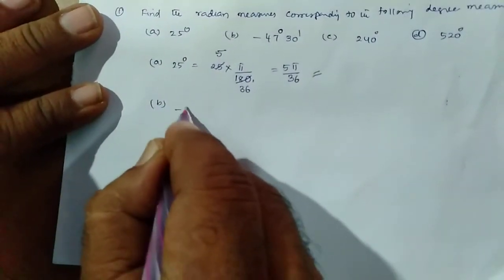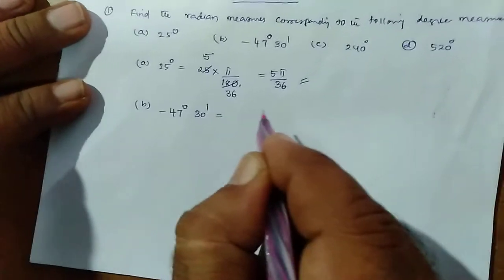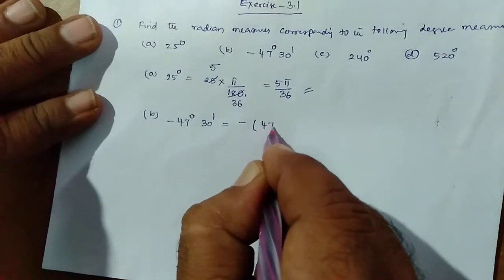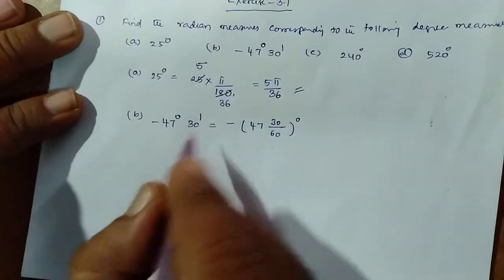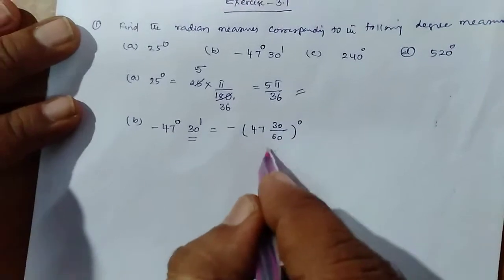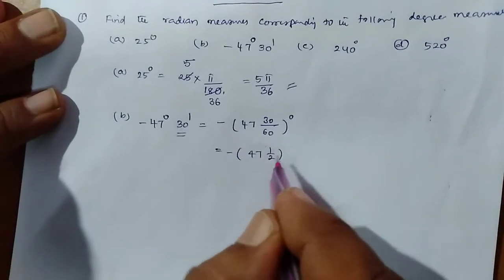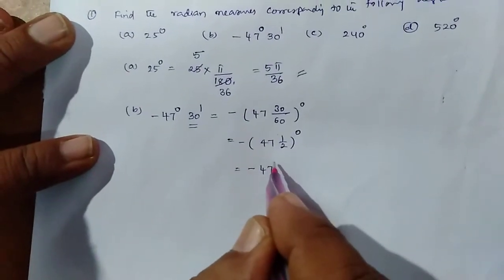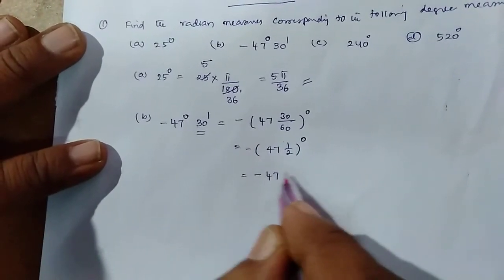Like the second one, minus 47 degrees 30 minutes. So this I can write as minus 47 and 30 by 60 degrees. Minutes convert into degrees by dividing with 60, or I can write it as minus 47 1 by 2 degrees.